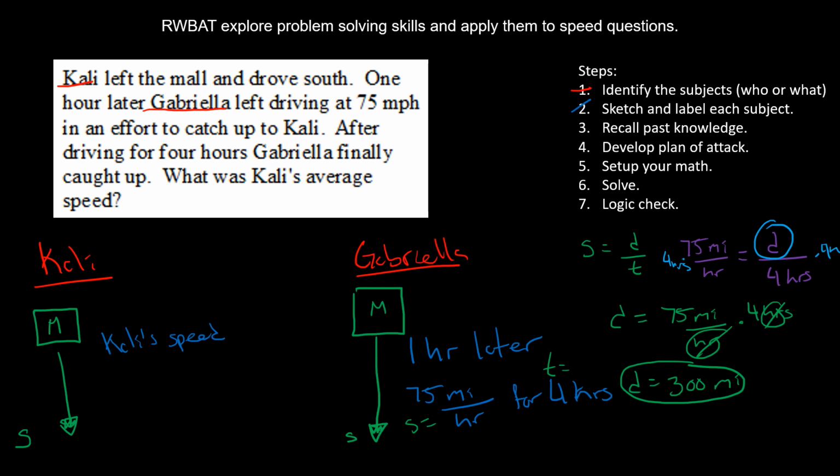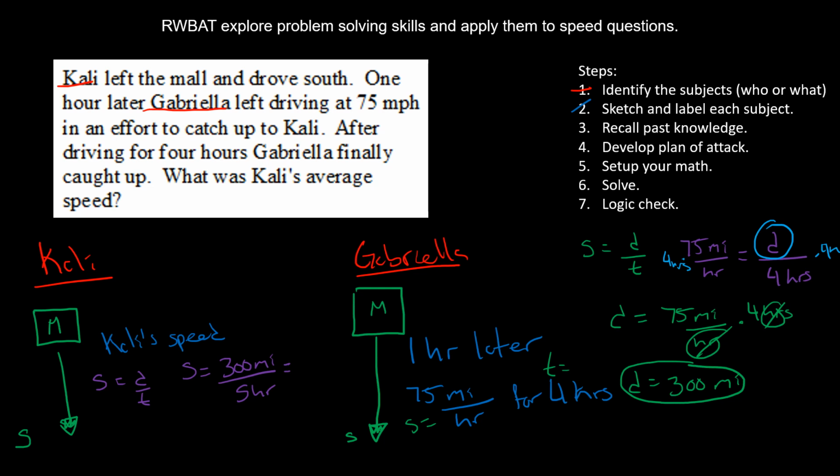We know Gabriella's speed is 75 miles per hour. She does this for 4 hours. Okay, now we got to figure out Callie's speed. Well, Callie is different because when we do speed equals distance over time, we're looking for speed. Okay, so speed equals, we know that she travels a total of 300 miles, but her time is different because it took Gabriella 4 hours of travel plus the 1 hour of wait time, so this was a total of 5 hours.